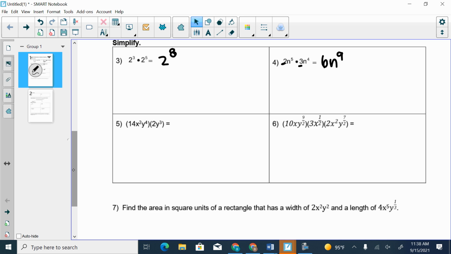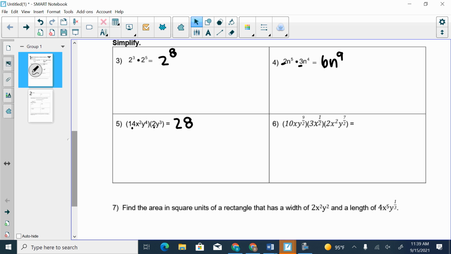On number 5, they didn't put the dot in between, but they have parentheses, so still just normal multiplication. I can multiply the numbers in front of the variables. So what is 14 times 2? Good. All right. Now I've got some variables, but they don't all have the same base.